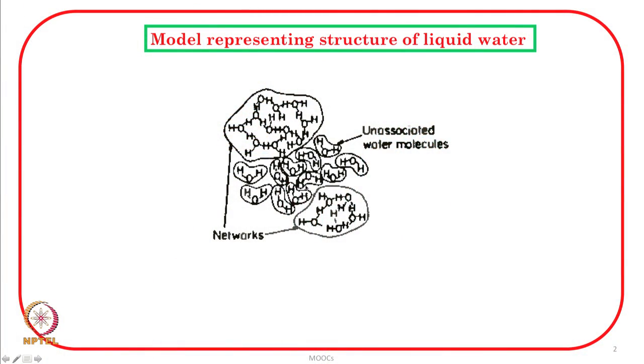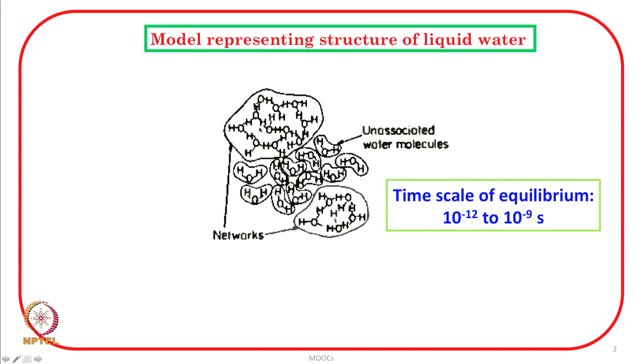To begin with, let me recall back the structure of water that we discussed in the previous lecture. We discussed that liquid water is a mixture of unassociated water molecules and a hydrogen bonded tetrahedral network. In this tetrahedral regular network of hydrogen bonded water molecules, there is extensive amount of hydrogen bonding.